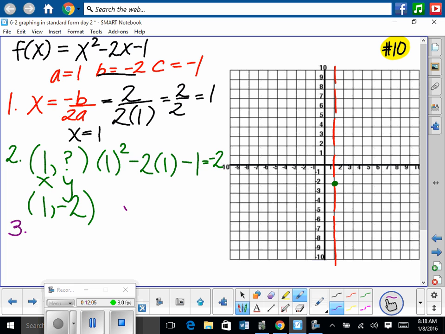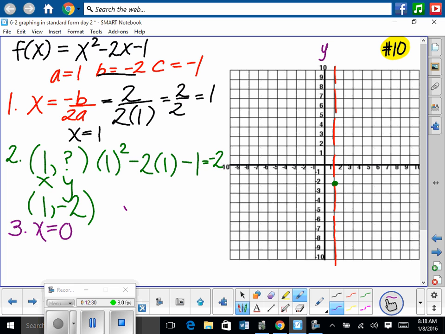All right. So now we're to our third step. Find the Y-intercept, guys. So here's our Y-axis. So that you understand what you're doing, it's going to cross this Y-axis somewhere. We don't know where, but we do know it's at the X value of 0, right? So we're going to find our Y-intercept by saying X is equal to 0.